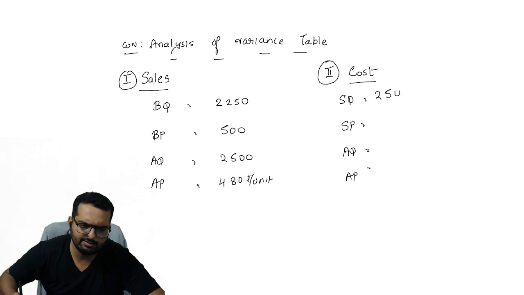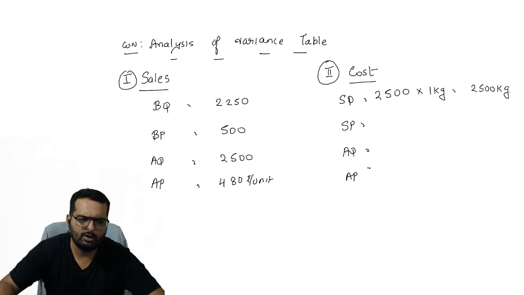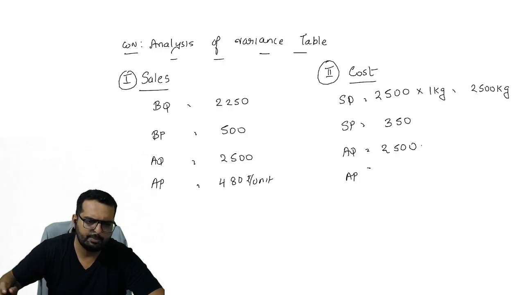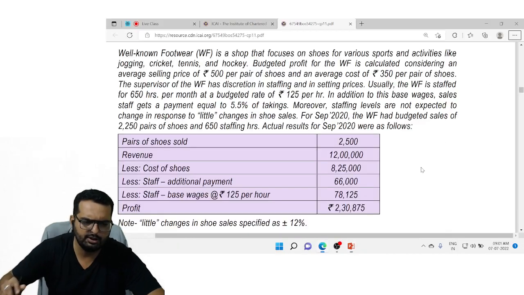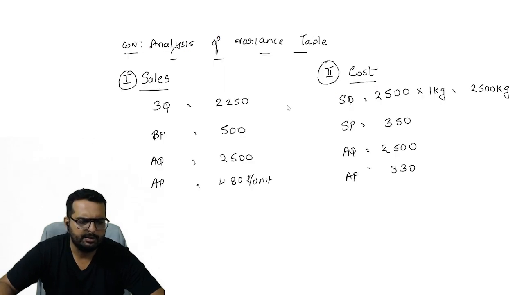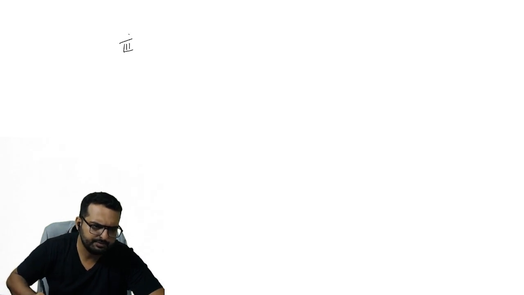So I'll take the same as this, assuming that it is 1 kg, since nothing else is mentioned in the question. And what about standard price? That will remain at 350. Actual quantity 2,500. Actual price will be how much? 330. Am I right? Any other details that are available? No, right? That's it. Okay.